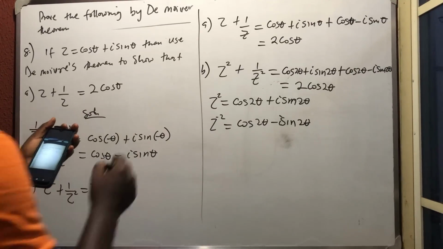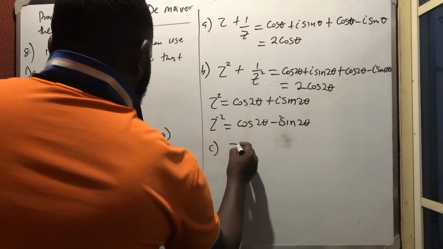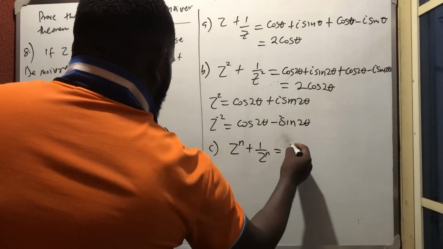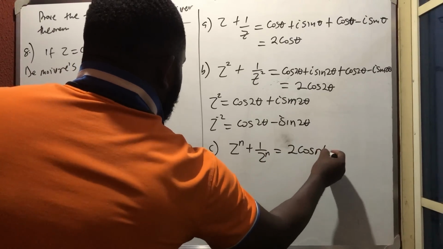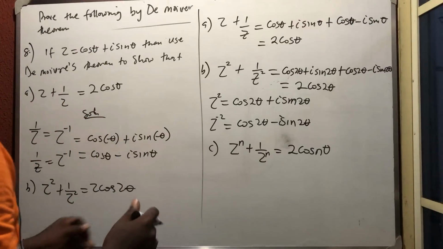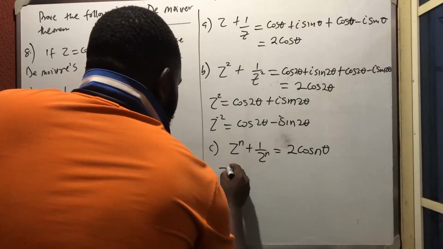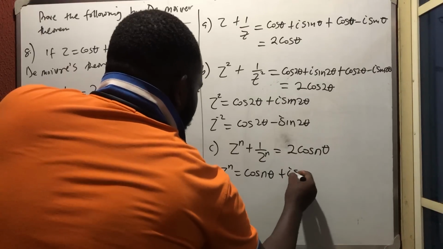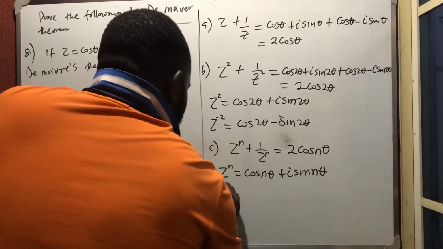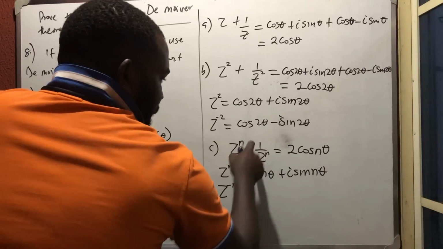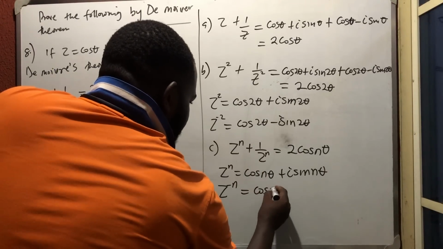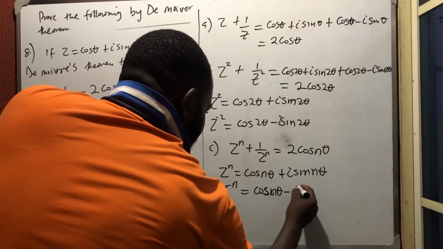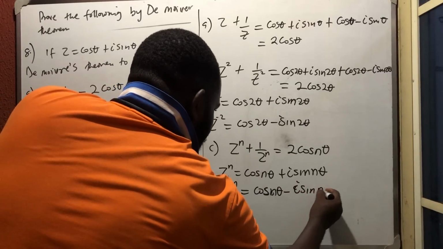So the last but not the least, number C, said we should prove that z raised to power n plus 1 over z raised to power n is equal to 2 cos n theta. It's the same thing. So we know that z raised to power n should be cos n theta plus i sine n theta. So z raised to power minus n is cos n theta minus i sine n theta.